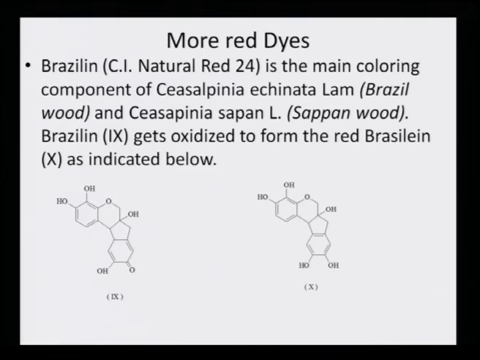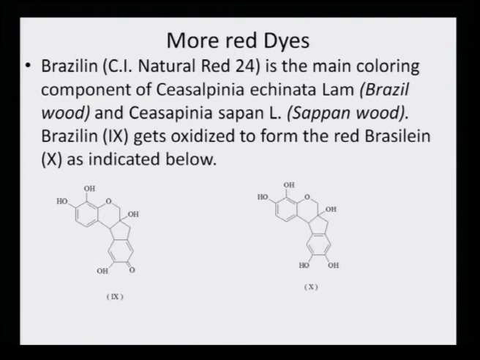More red dyes are from the variety of Brazilian, which has a CI number natural red 24, and is the main coloring component from Caesalpinia echinata lamb, that is the Brazil wood.